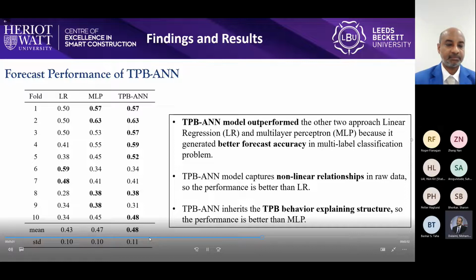The table shows the result of forecast performance of the testing model for the 5 label classification problems across 10-fold validations. The result confirms the nonlinear processing capability and the superiority of TPB structure in building AN model because the proposed model outperformed the other two models with higher performance accuracy.